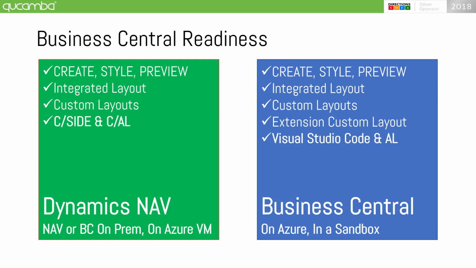It just depends on what app your report belongs to. Business Central profiles can be configured to use a Dynamics 365 Business Central service hosted on Azure or installed in a sandbox environment.